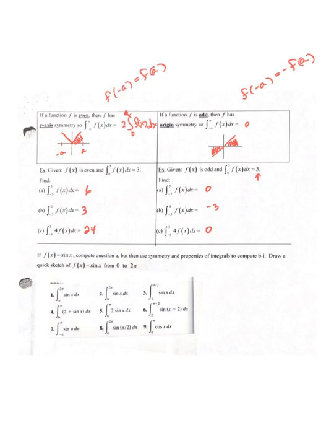Okay, so let's look at these questions below here. We're dealing with the sine curve. So think about what the sine curve looks like. Think about what this point is. That's pi.